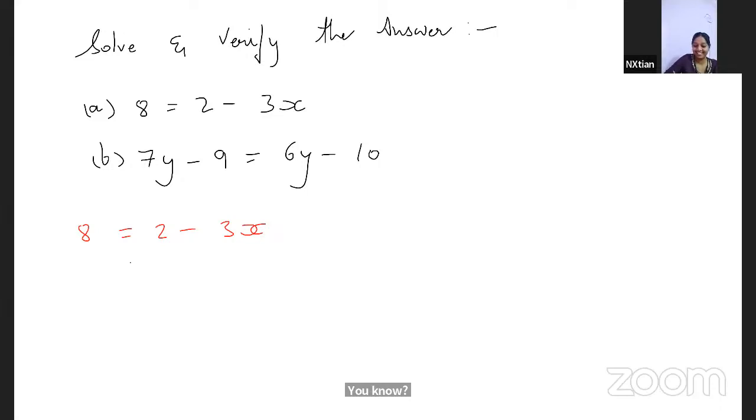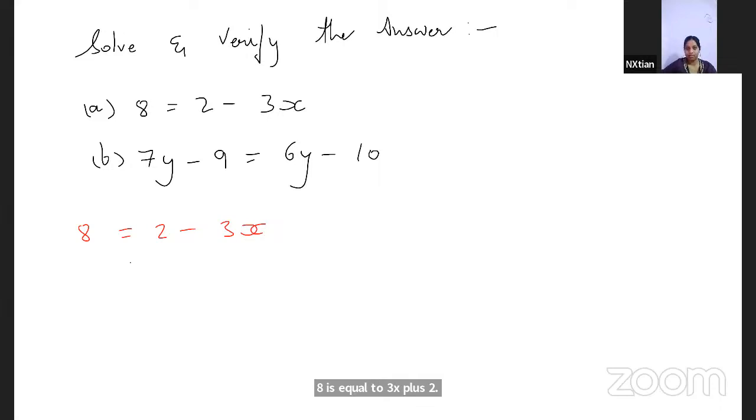Okay, yeah. 8 equals 2 minus 3x. If we reform this in another way, we can say that 8 is equal to 3x plus 2. No, not like that.